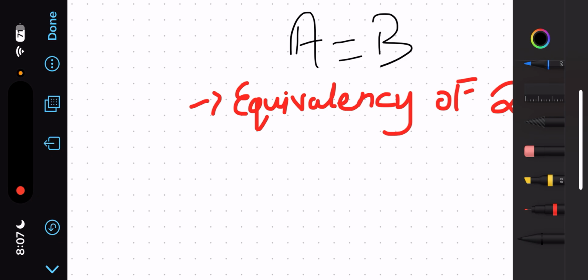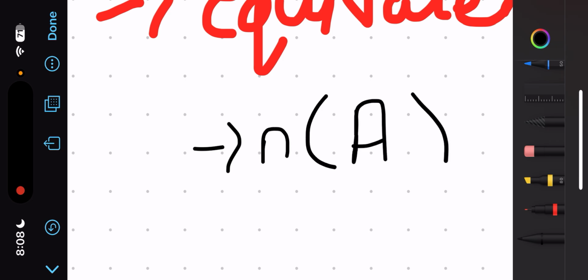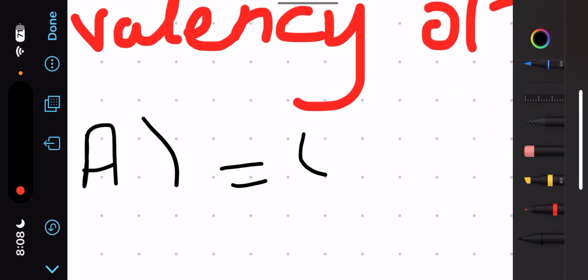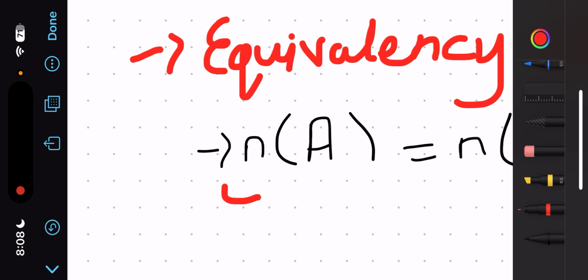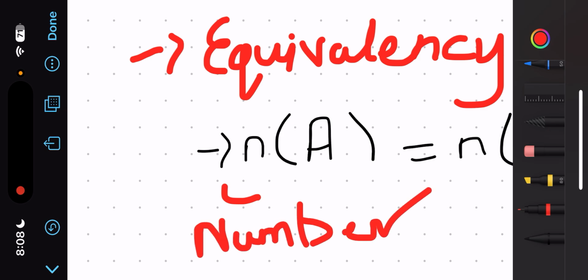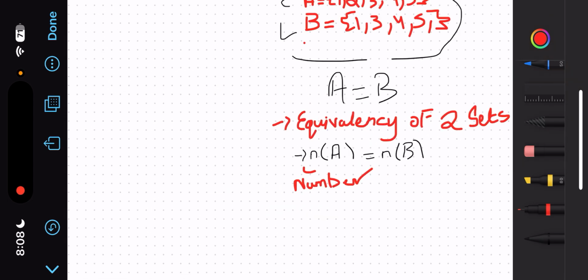If the number of elements of A and the number of elements of B are equal, then it will be n(A) equals n(B). What does n stand for? n stands for number. Equivalence of two sets means the quantity of elements, not the elements themselves, but the quantity of elements in both sets are equal. We will know it as equivalence of two sets.